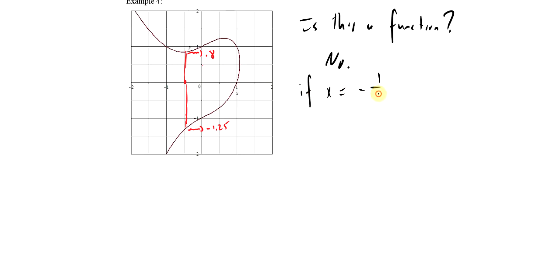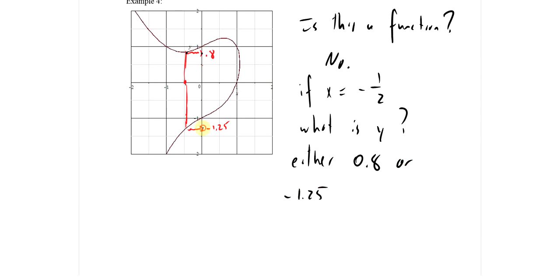So if x equals minus 1/2, that's this point, what is y? Well, it's either 0.8, this y value, because we went to this point on the graph, or minus 1.25, which is this y value, because we went to this point on the graph from there.